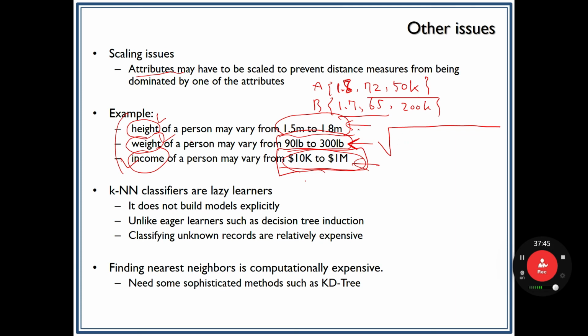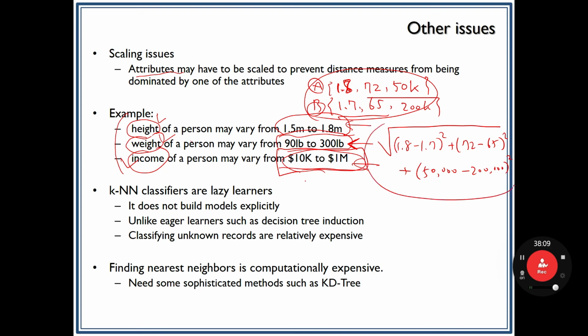So if we employ the Euclidean distance using this raw data set, then the distance between these two guys becomes (1.8 minus 1.7) squared plus (72 minus 65) squared plus (50K minus 200K) squared. So the distance is totally dominated by this value because it has a greater unit.